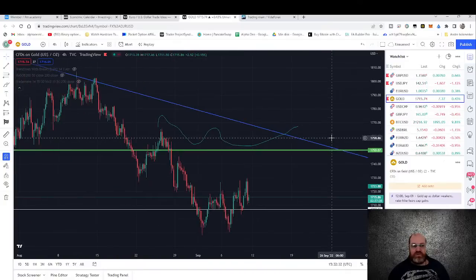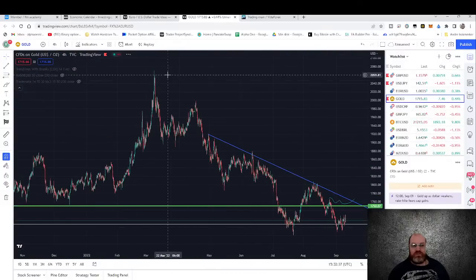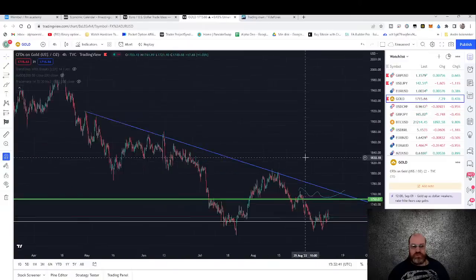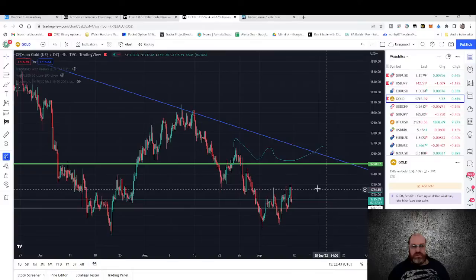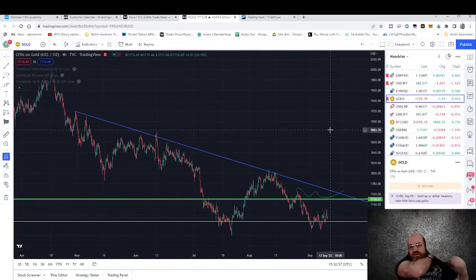We did see the highest point, I think, was like 2060 or something. Yeah, 2060, that's the highest point for gold. But as I have told before, I'm only looking for a gold trade the day when we break out of this trend line. Then I'm going to be looking for a very nice long trade.